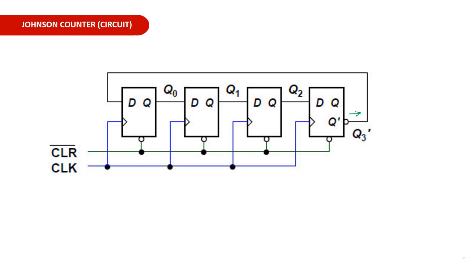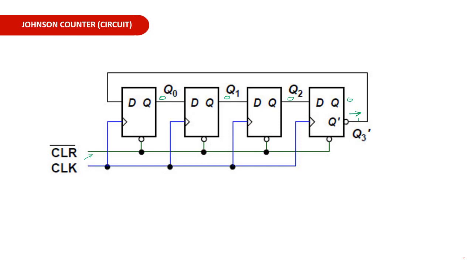So just like the previous one, we will be applying a low signal to the clear pin, so all the outputs will be 0. So this will be 0, this will be 0, this will be 0, this will be 0, but Q bar will be 1. This Q bar is getting fed as the input of the first flip-flop.